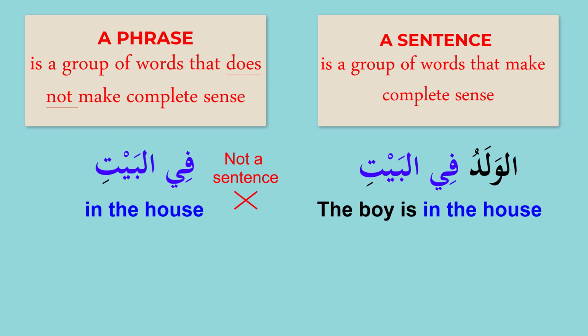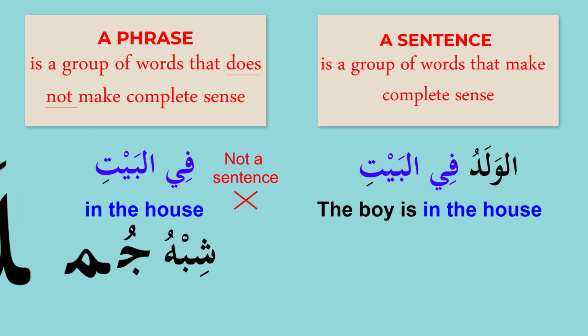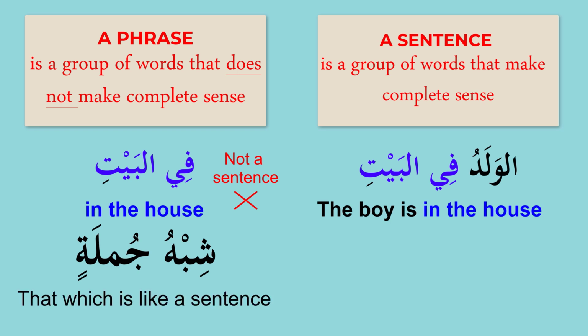What do you call phrase in Arabic? A beautiful thing that you call in Arabic. Are you ready to write down? Shibhu jumla. Now jumla is a sentence. What is the meaning of shibhu jumla? Shibhu means something looks like a jumla, but it is not a jumla. Shibhu means it looks similar, but it is not.